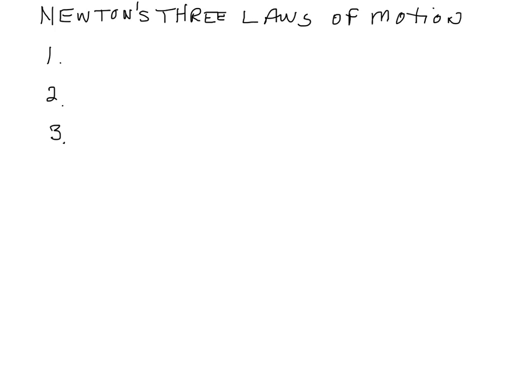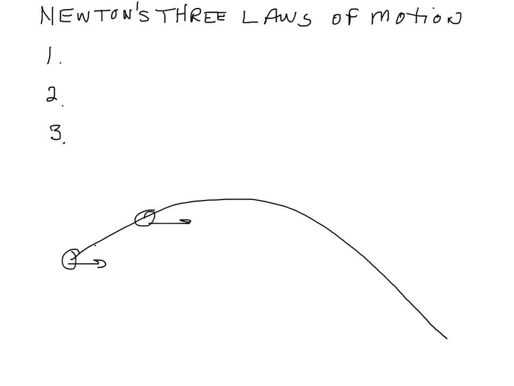And what we learned with projectile motion is that there's a relationship between force and acceleration. So for an object moving in a parabola, if we ignore air resistance, the velocity in the x direction is always constant because there's no force.